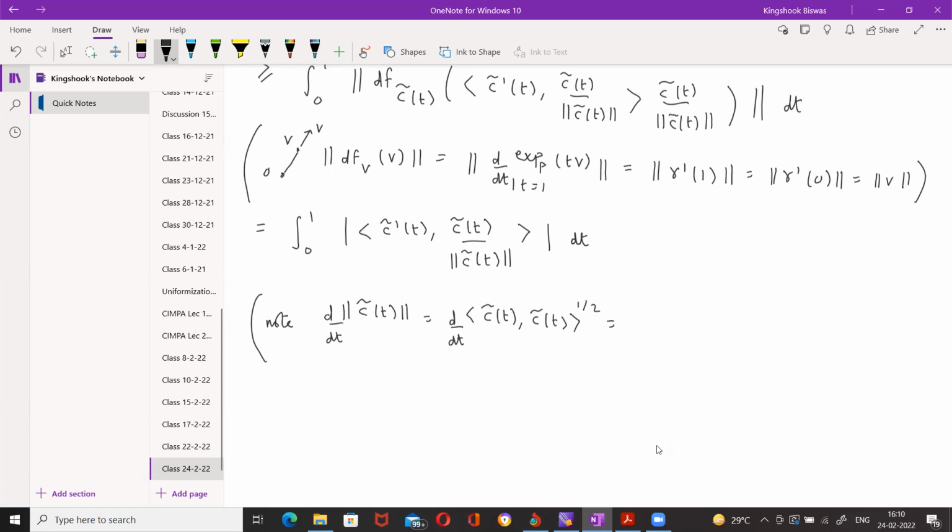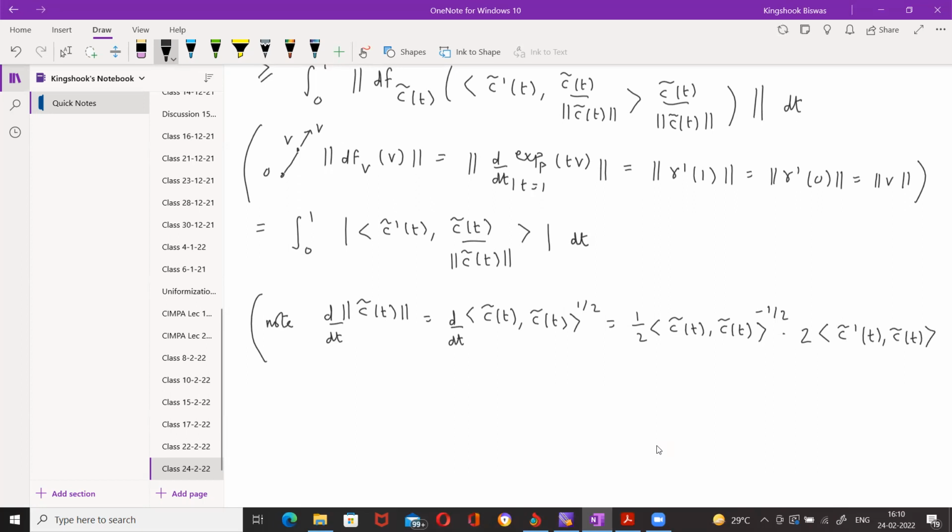So by the chain rule, this is half the inner product of C tilde t with C tilde t, to the minus half, times 2 times the inner product of C tilde prime t with C tilde t, right?